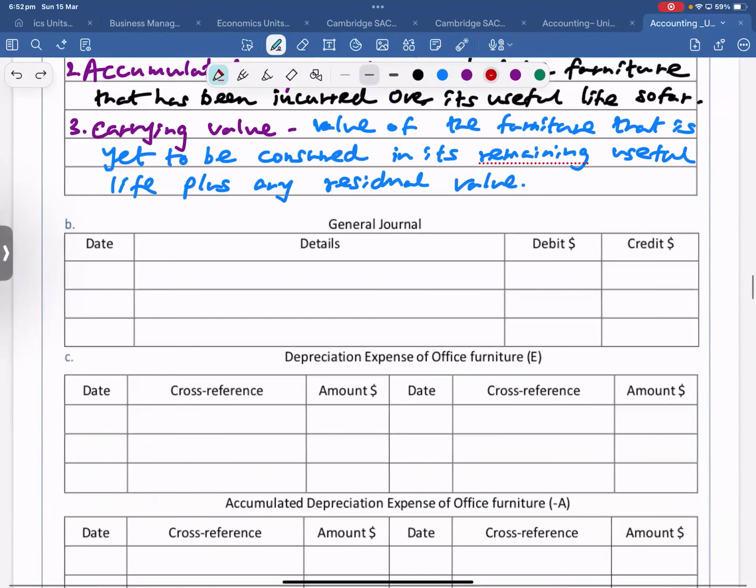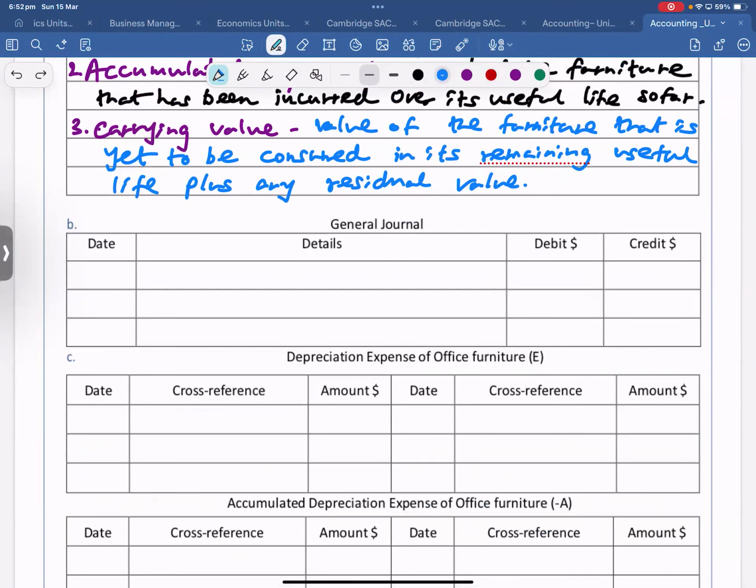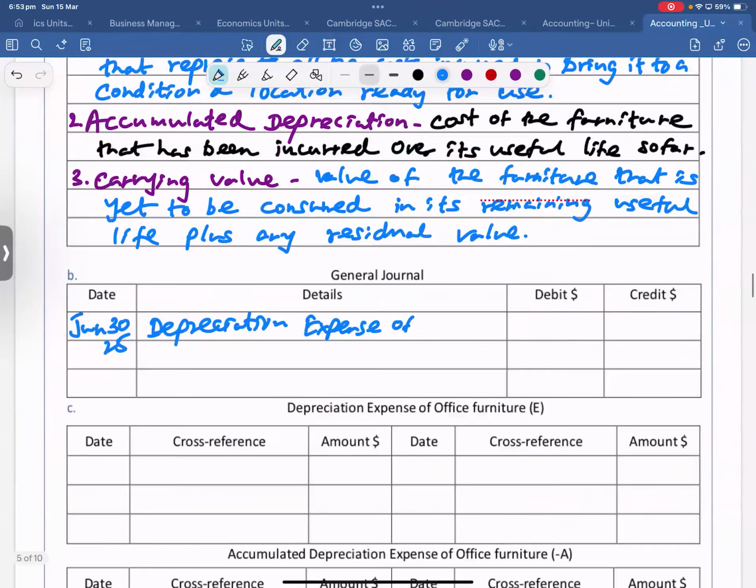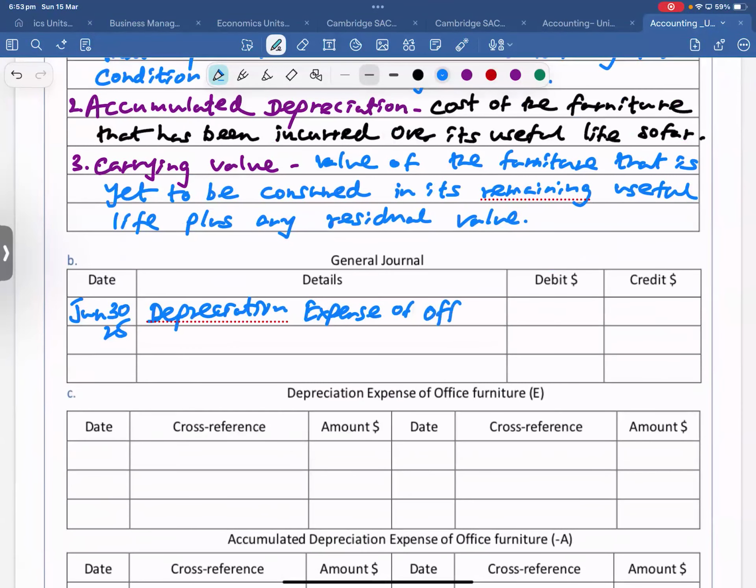What's the double entry, guys? What's the date? June 30th, 25. Yes, what's the double entry? Depreciation expense of office furniture. Yeah, how much? 3000.